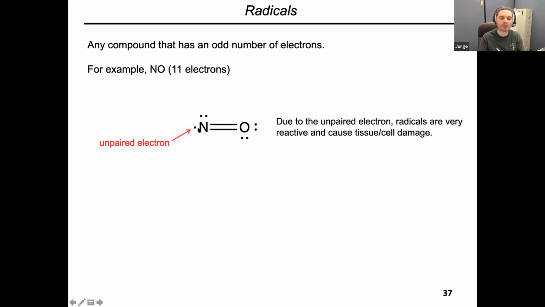Unpaired electrons are very unstable and they will look for another electron. Okay, they will capture electrons from everything that's around, and radicals are very reactive and they will oxidize compounds that are nearby.